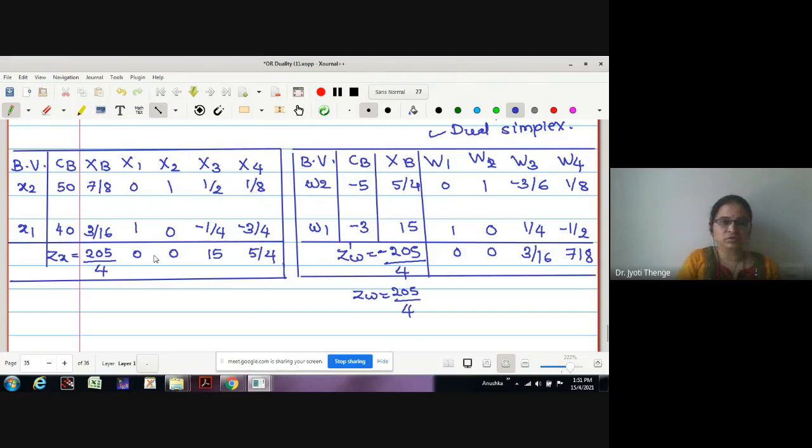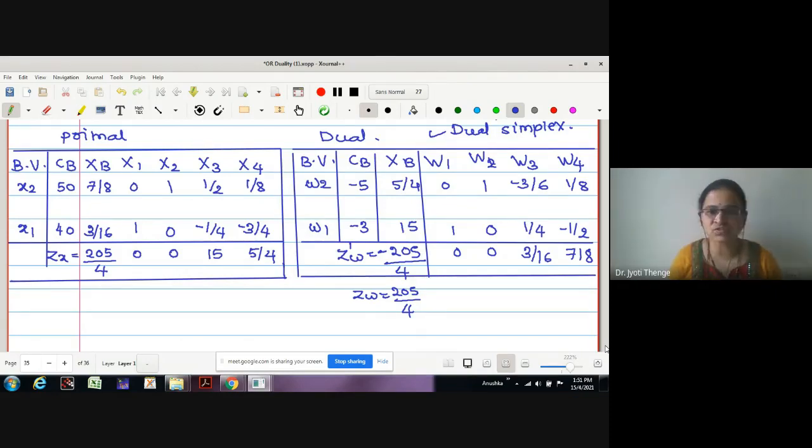This is the solution of the primal problem, and this is the solution of our dual problem. Now what we are going to understand is how to read the solution of a primal problem from the solution of the dual, or the reverse.